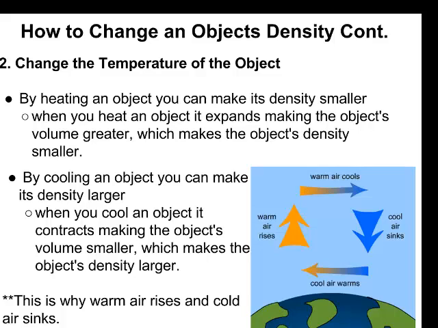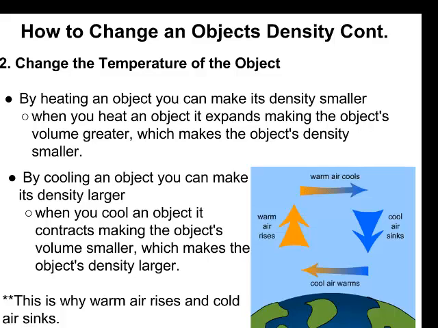It's why heat rises, because the hot air molecules, or the molecules of the hot air, are spread further apart, so they rise because they are less dense than cold air molecules, because they're more tightly compacted. They're closer together. When you cool an object, you can make its density larger, because when you cool an object, it contracts, so the molecules get closer together, making the object's volume smaller, which makes the object's density larger.